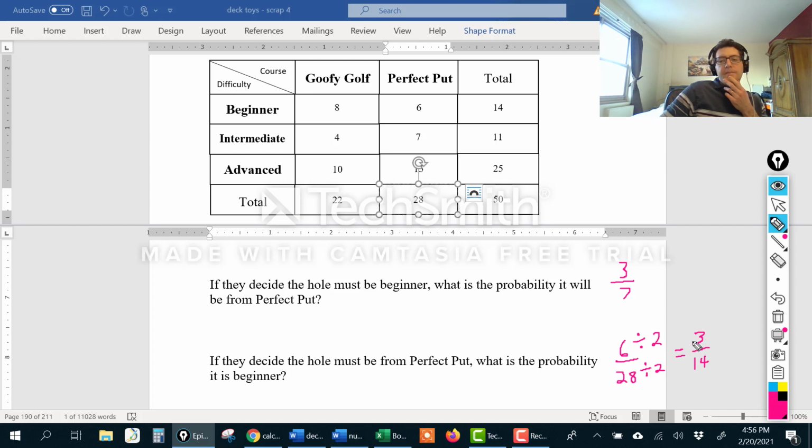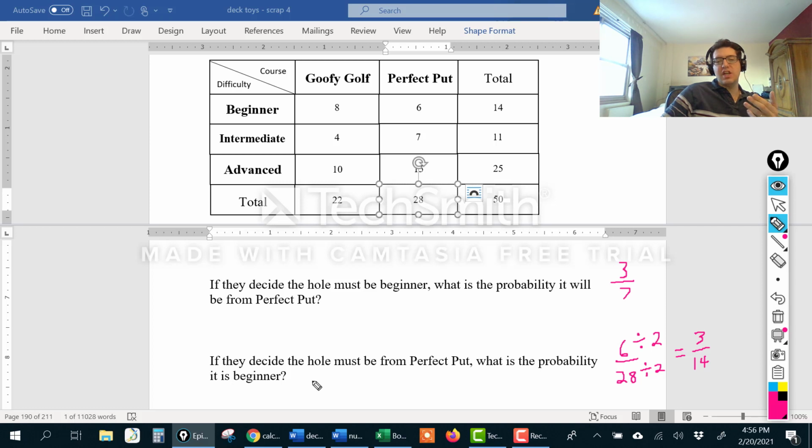All right. Notice also that this probability is not as large as this probability over here. 3/14 is less than 3/7, right?